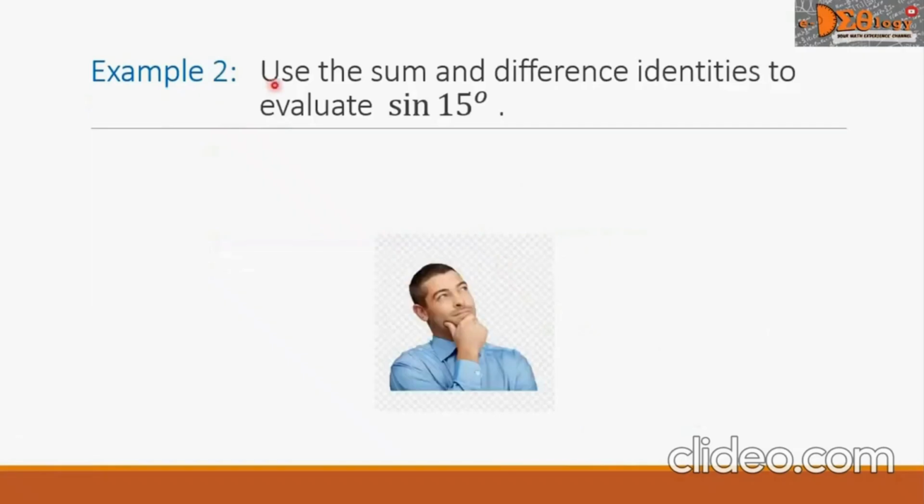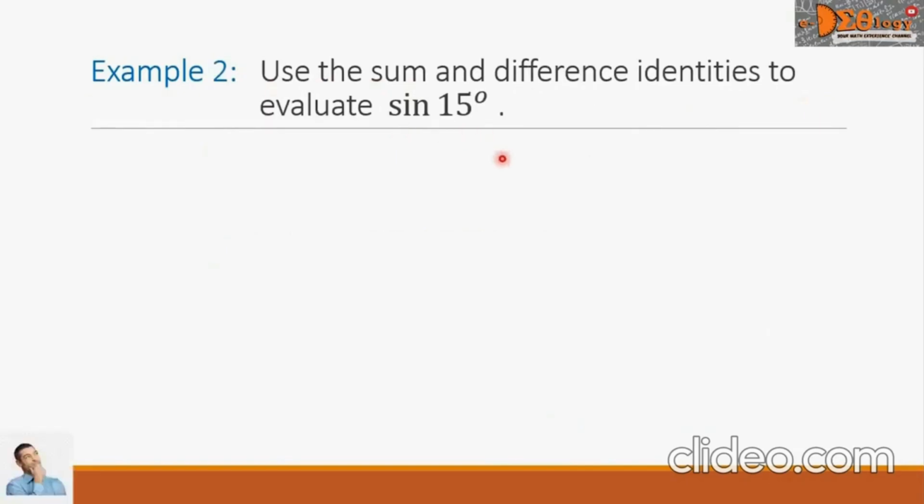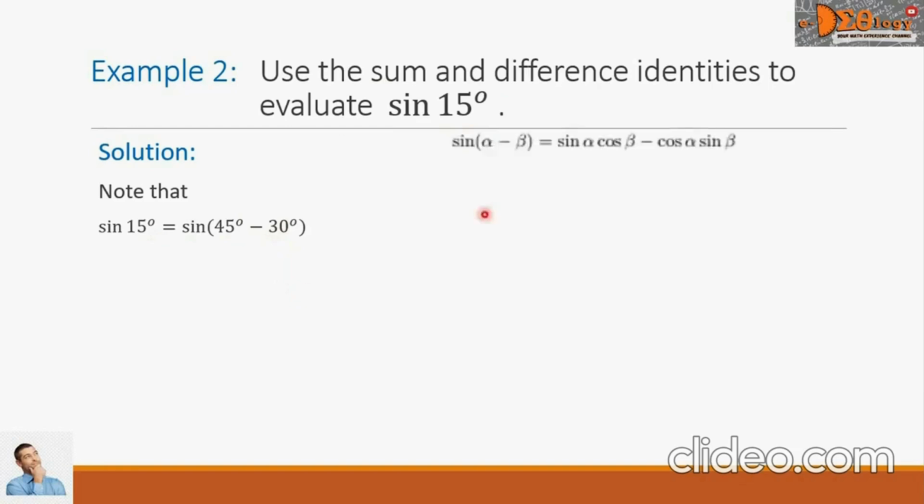Example 2. Use the sum and difference identities to evaluate sine 15 degrees. Let's note that sine 15 degrees we can write as sine of 45 degrees minus 30 degrees. So we write the formula for the sine of alpha minus beta.